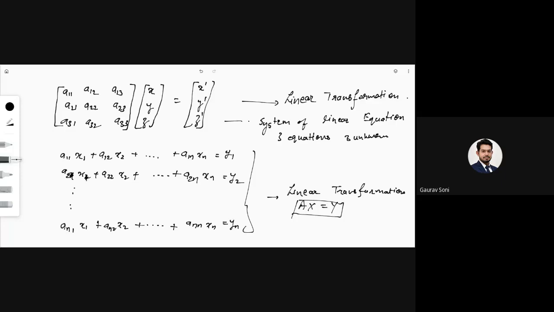As you can see, the transformation is basically done by this matrix A. Whichever space it is, R1, R2, R3, R4, R5, R6, whatever, the transformation is basically done by this matrix A. So the properties of A will define what you will get on the right hand side.